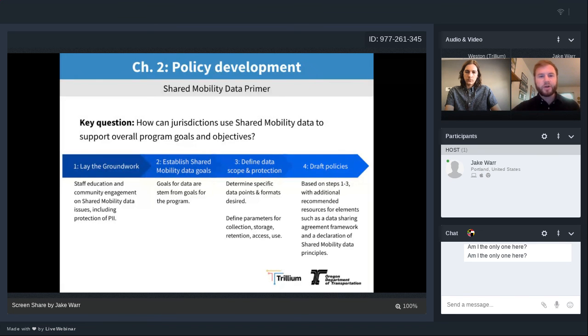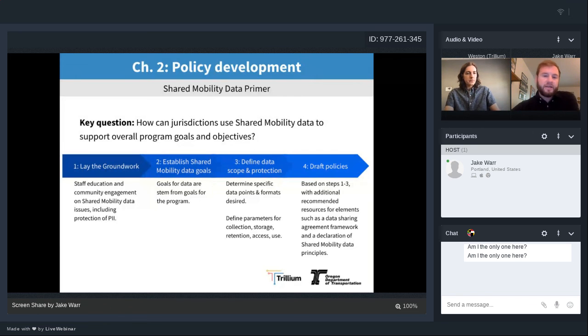And then from there, drafting the actual policies. They don't have to be set regulations, although we'll go over where regulations and ordinances can be useful tools. But either way, drafting those policies and getting ahead of the game, ahead of when the services are on the street, is crucial.